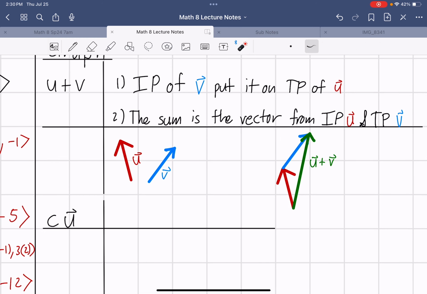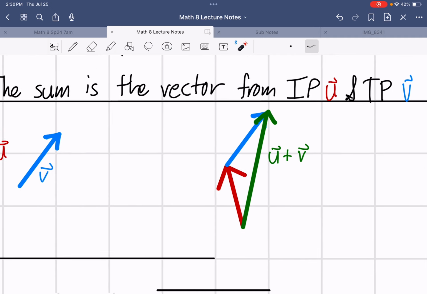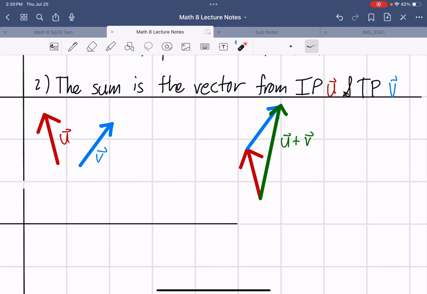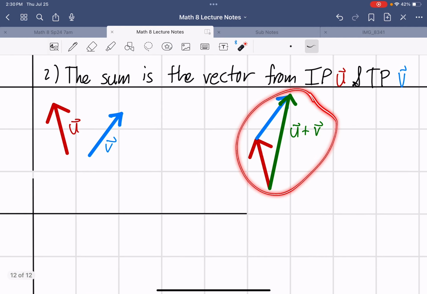We're taking the x component of each one of them, and we're adding them together. We're taking then the y component of each, and we're adding them together. And you can see that a little bit, right? Because this is the y component for u, this is the y component for v. Putting that together definitely makes it much longer. And that's what's happening geometrically with these graphs.